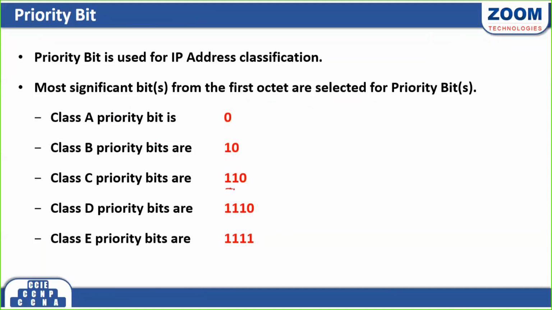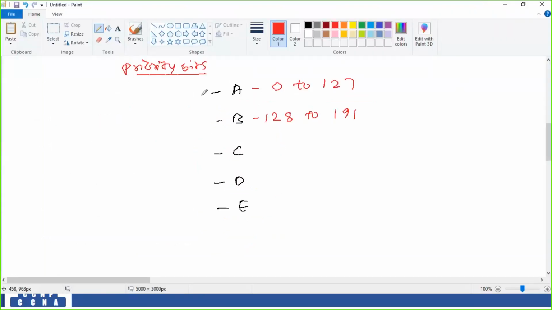For class C, 1 1 0. For class D, 1 1 1 0. These priority bits are reserved and fixed. So based on these priority bits, this classification is done.